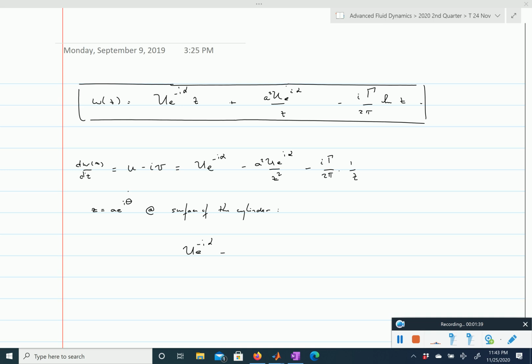So the a squared is going to cancel, and I'm left with U exponential i alpha divided by exponential 2i theta. And here the contribution of the irrotational vortex is i gamma.